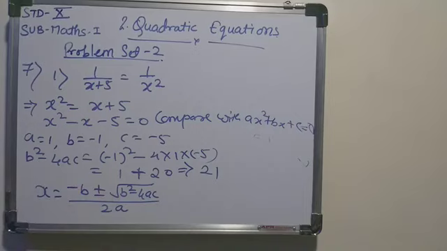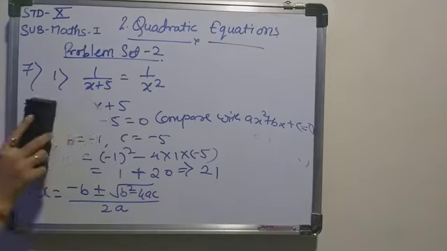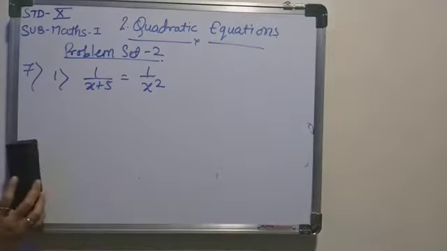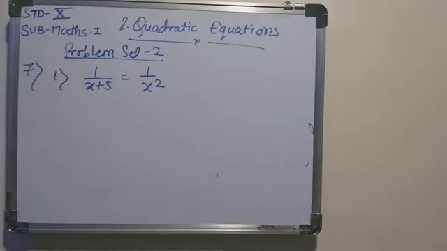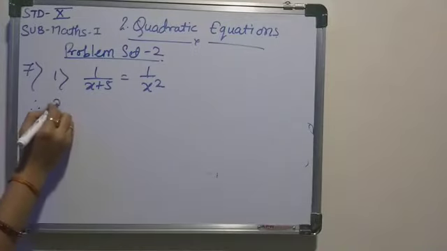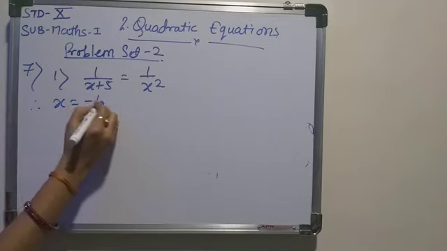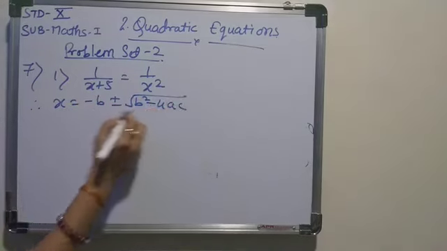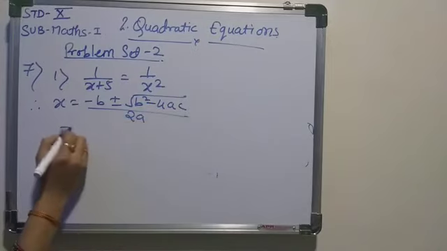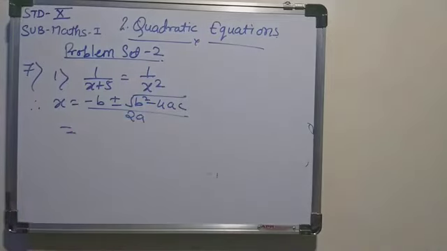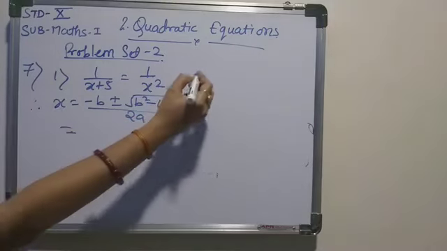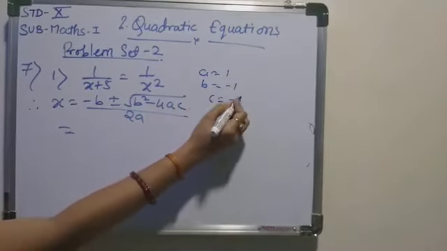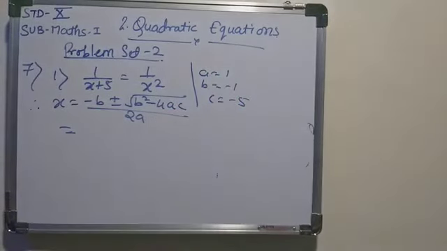So you will get, we have a is equal to 1, b is equal to minus 1 and c is equal to minus 5.